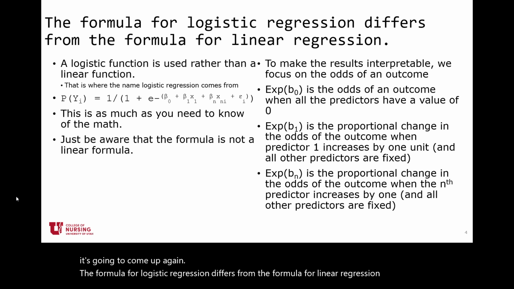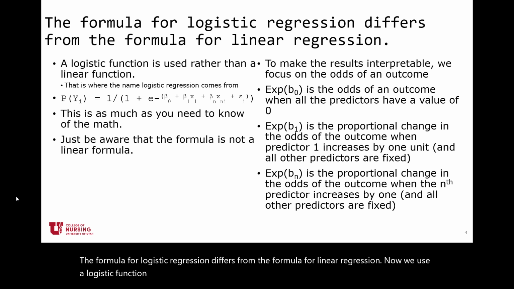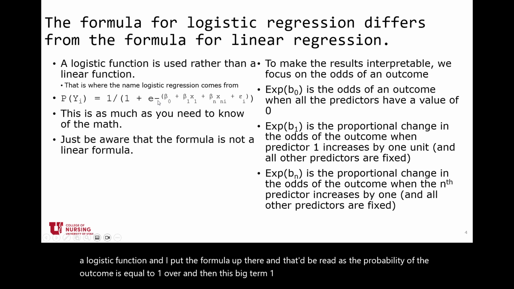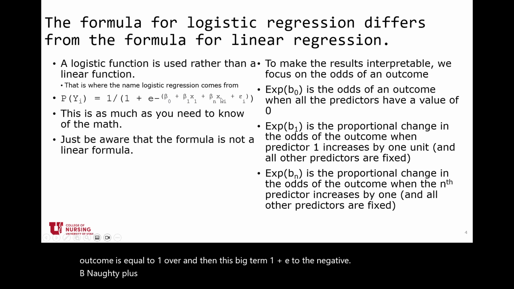The formula for logistic regression differs from the formula for linear regression. Now we use a logistic function, and I put the formula up there, and that'd be read as the probability of the outcome is equal to 1 over, and then this big term, 1 plus e to the negative b naught plus b1 x1 plus bn xn, and an error term.